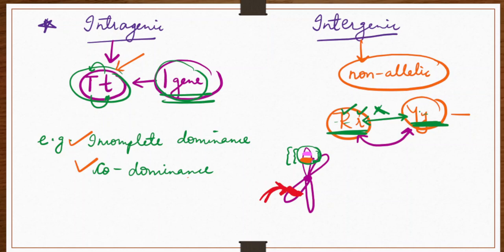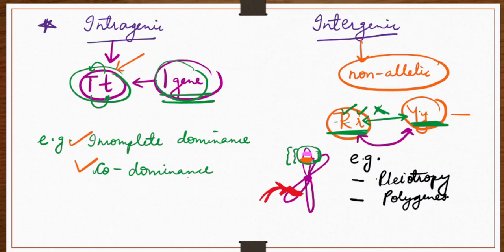The examples for intergenic interaction: one is known as pleiotropy, and we are going to study pleiotropy. Then you have polygenes, but it is not in your syllabus. There is epistasis, and again there is no topic about epistasis in your textbook.